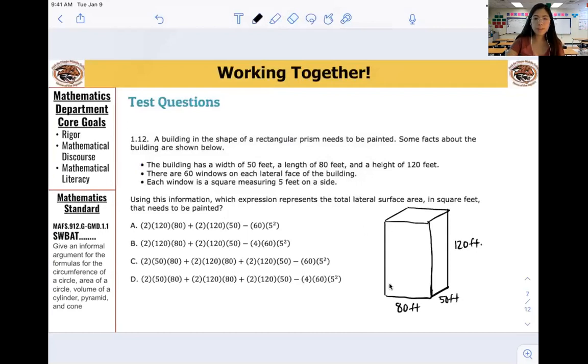So there's going to be 60 windows here, 60 windows here, 60 on the back, and 60 on this invisible side. So a lot of windows. How many in total is that going to be?